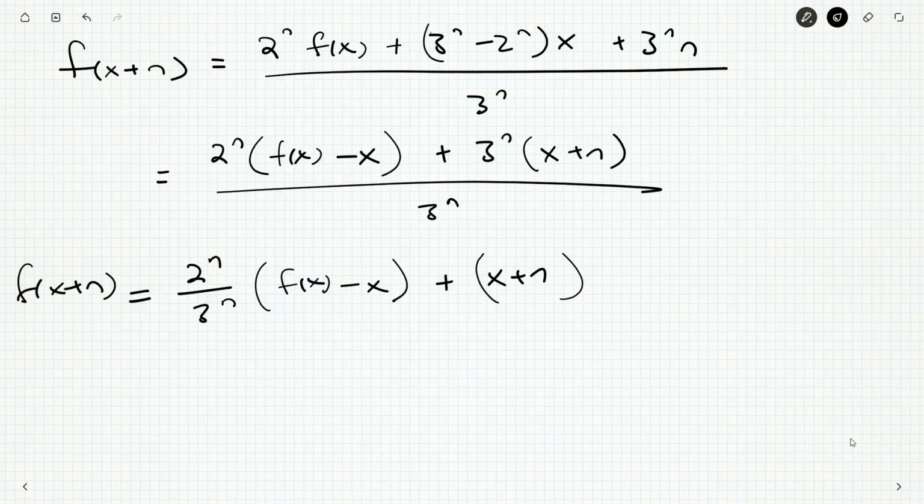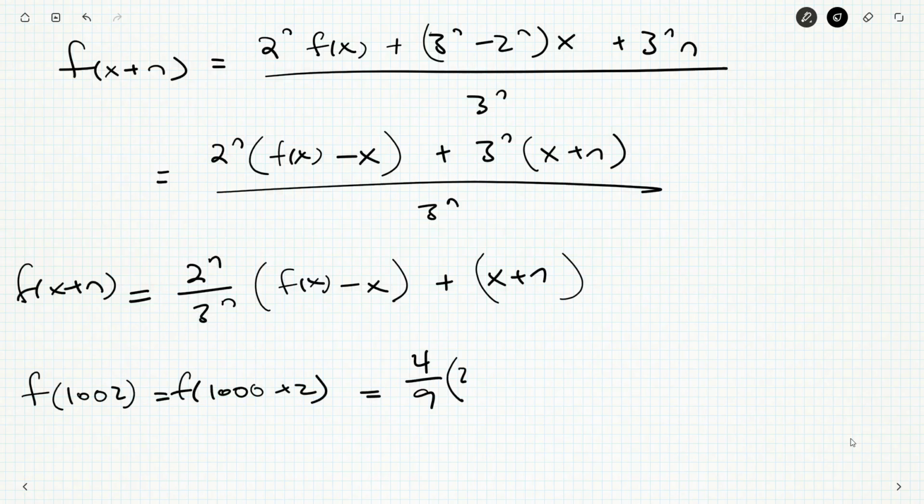But does this work? If I do f of 1002 here, that's f of 1000 plus 2. So I should have 4 over 9, 2011 minus 1000, plus 1002.